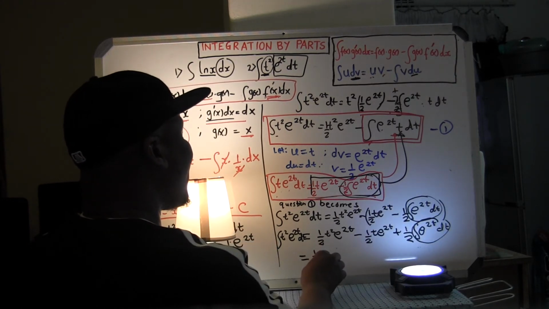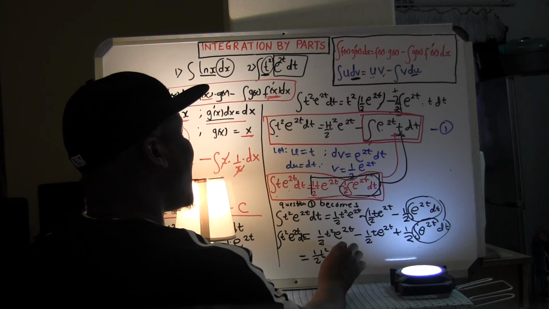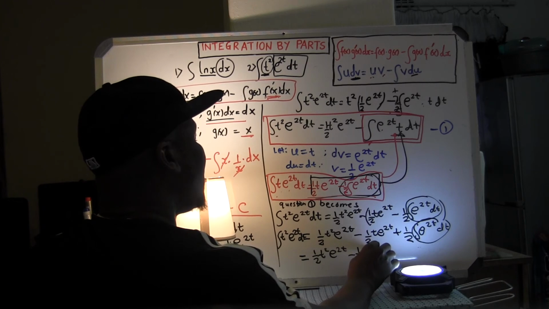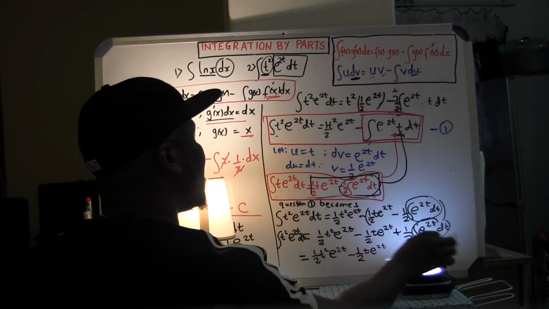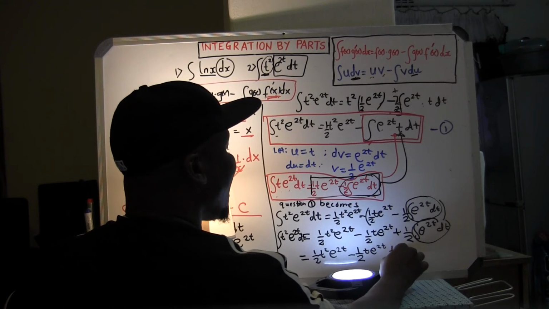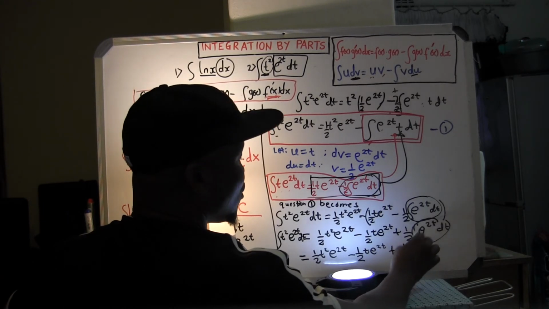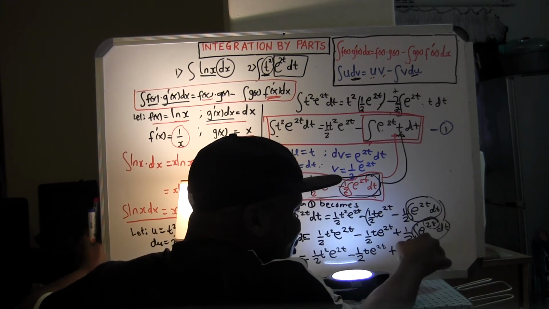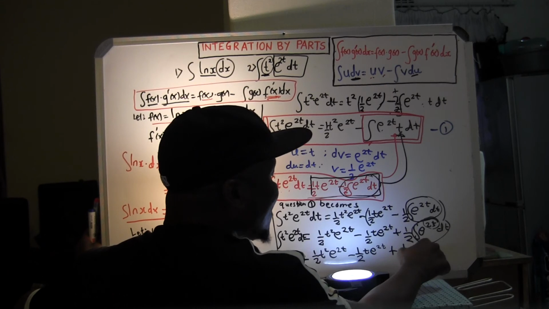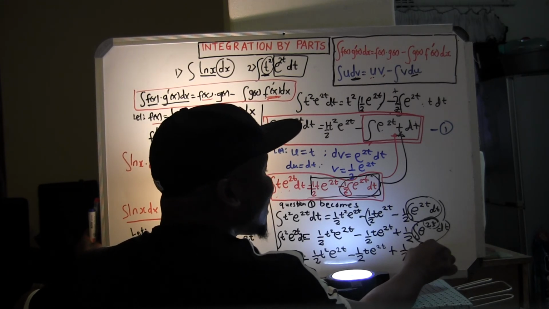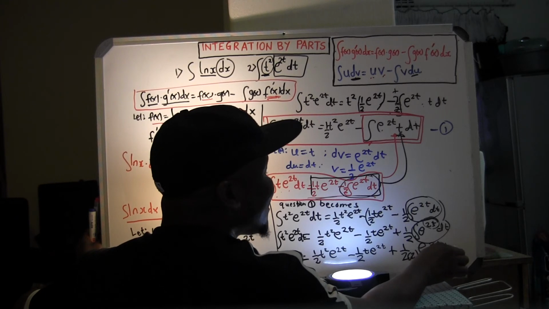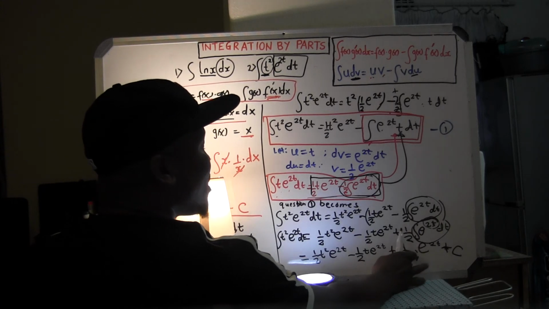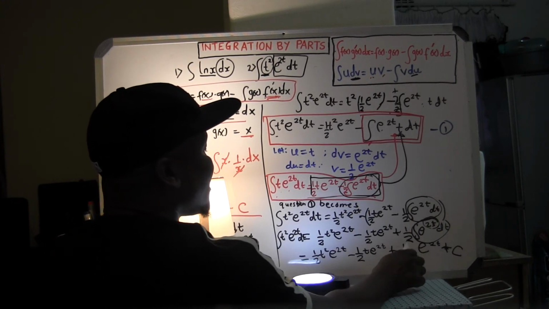So it equals a half t squared e to the 2t, minus a half t e to the 2t, plus a half times, when you integrate e to the 2t you have to divide by 2, so it gives 2 times 2 equal to 4. So we take the 2 times 2 and write e to the 2t plus a constant. We know 2 times 2 equals 4, so I don't have to write 2 times 2 anymore. We can just erase it and write 4.